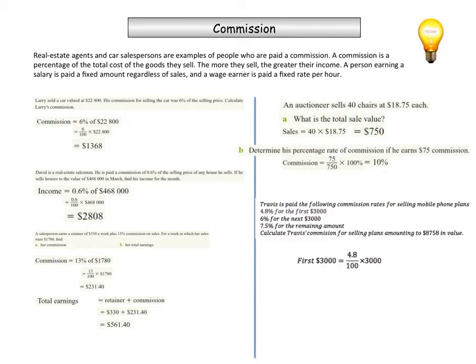So the first step is to find the commission for his first $3,000. So we do 4.8% as a fraction times 3,000, which gives us 144. We do the second the same way, but this time we're going to use the commission rate of 6%.